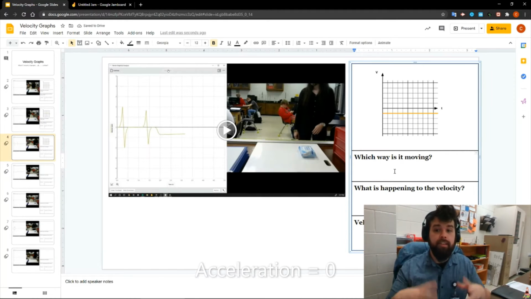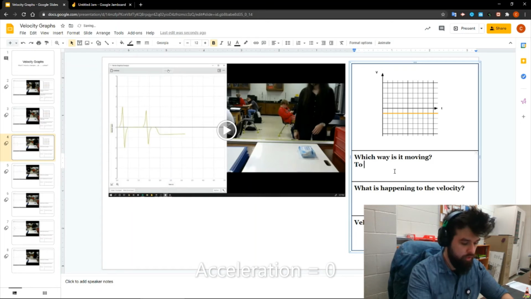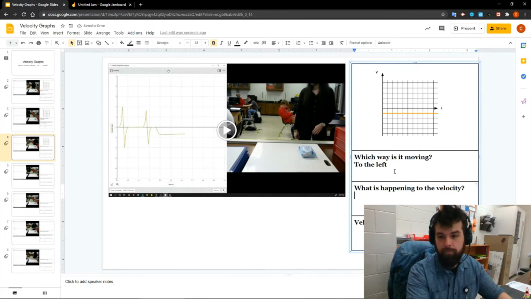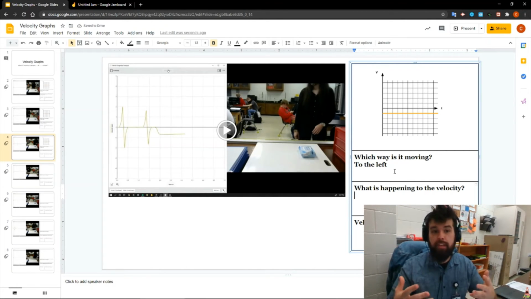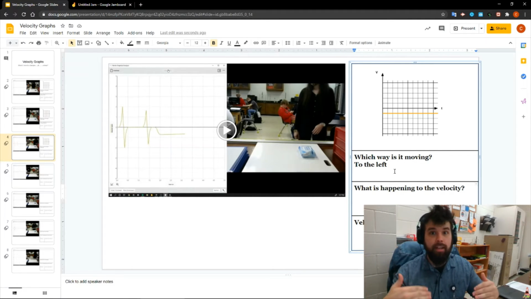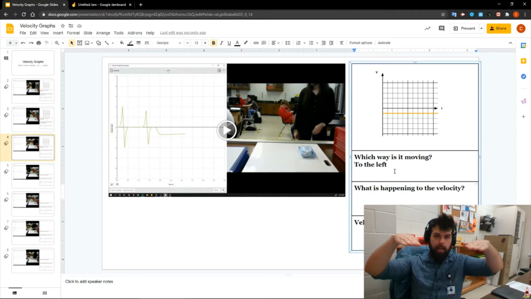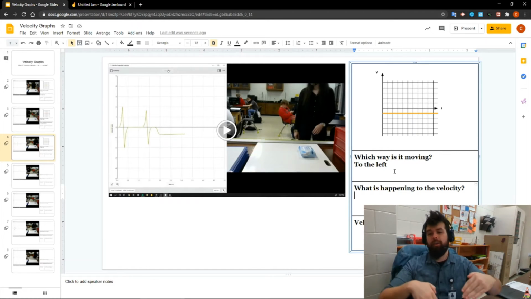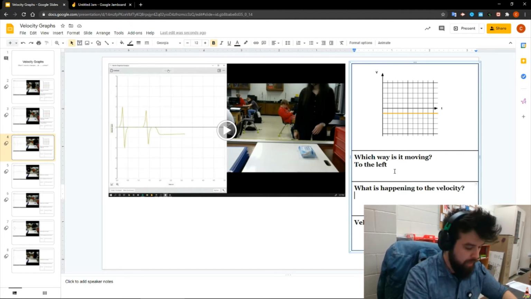So in this instance, the cart is moving to the left, and what happens to the velocity in this case? Well, when it moves to the left, now it's negative. We have a negative velocity, and we can see that because it jumped down below 0 on our graph.